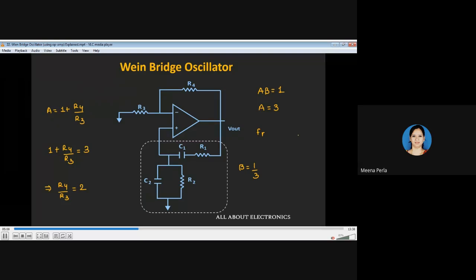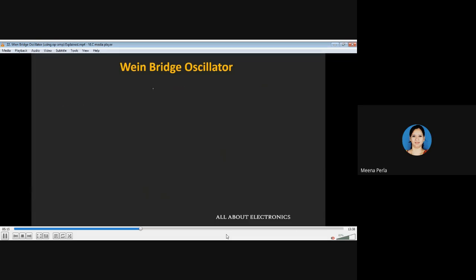So now, considering R1 equal to R2 and C1 equal to C2, let us design the Wien bridge oscillator of frequency 10 kHz. So here we are assuming that R1 is equal to R2 and C1 is equal to C2, and the frequency of this oscillator is equal to 10 kHz.